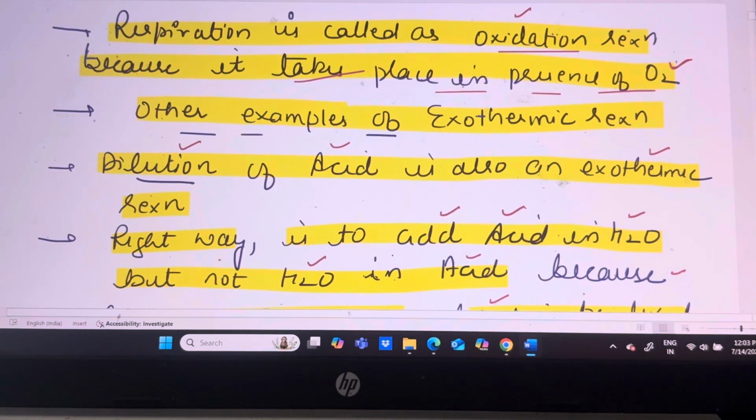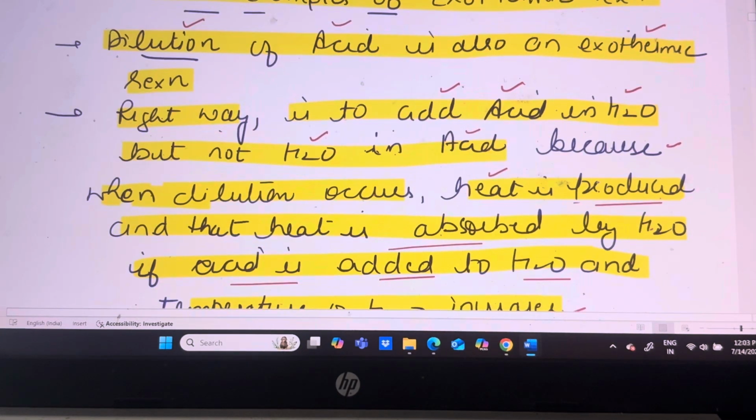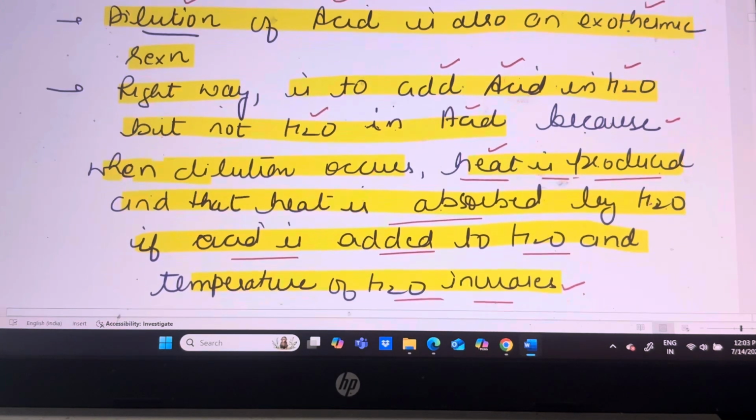And students, what is the right way to dilute acid? We have to add acid to water but not water to acid, because as I already told you, dilution is an exothermic process. If we add acid to water, whatever heat is produced is absorbed by the water, and the temperature of the water increases.